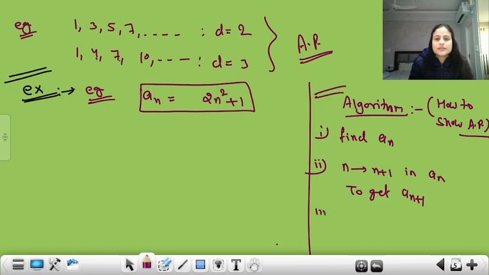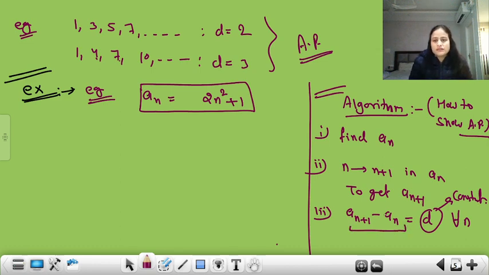Third, take the difference of the n plus 1th term and the nth term. If this difference is some constant d for every n, then that will be an AP. If this difference depends on n, then that progression will not be an AP. Okay, so let's do it.